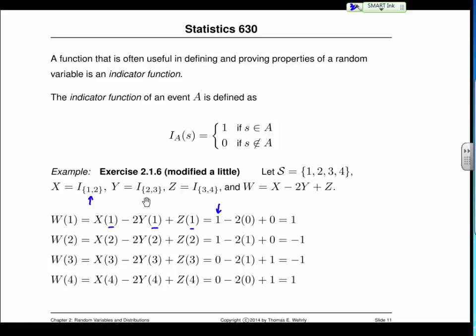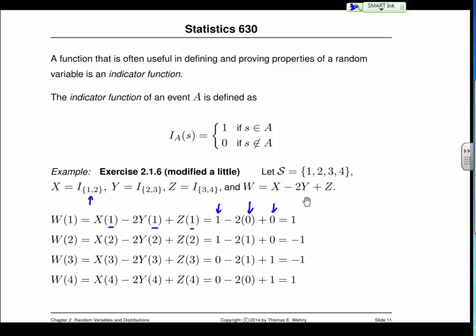No, it's not. So that's where Y of 1 is equal to 0. And finally, is 1 in the set {3, 4}? And the answer is no, it's not. So Z of 1 is equal to 0. So I add these up. 1 minus 0 plus 0 is just 1.